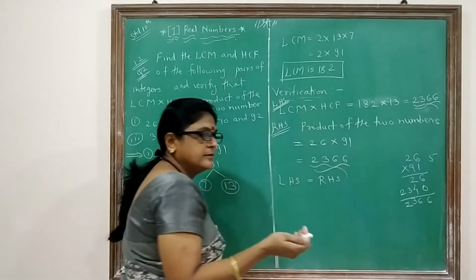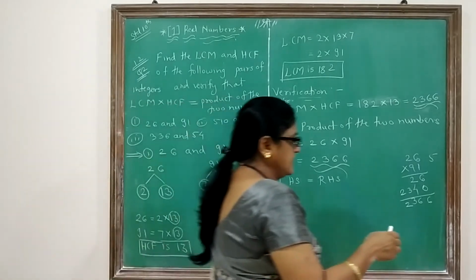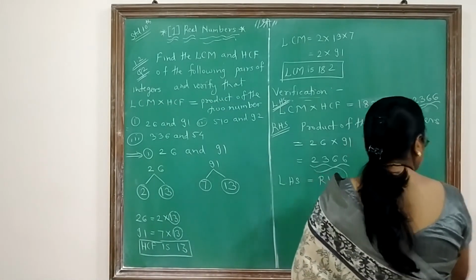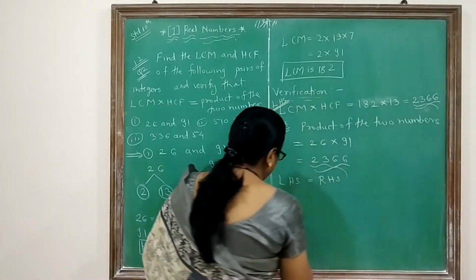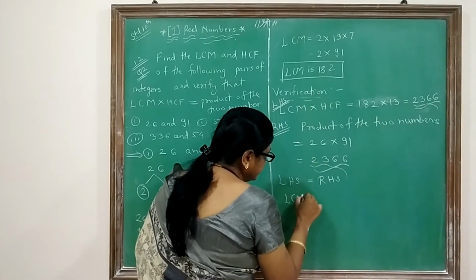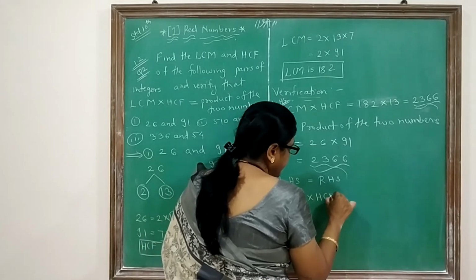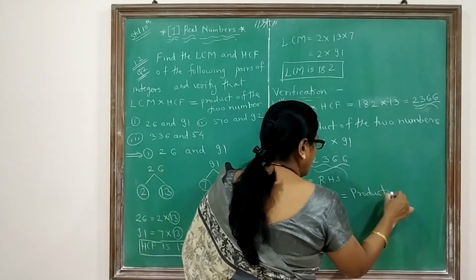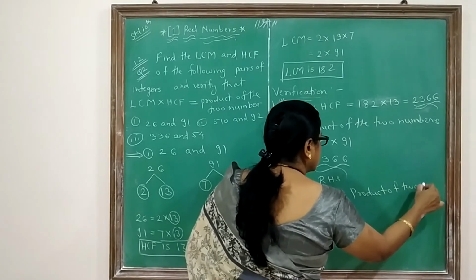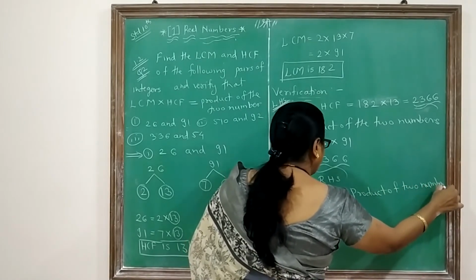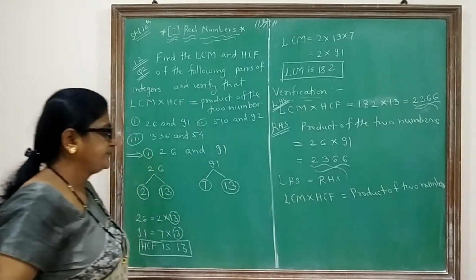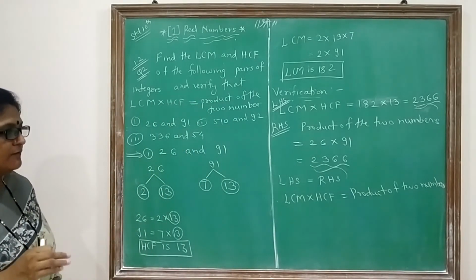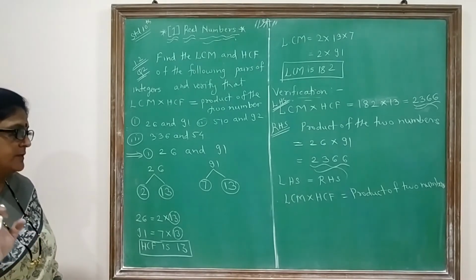And you will write the formula: LCM into HCF equal to product of two numbers.